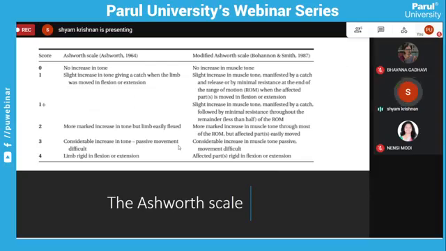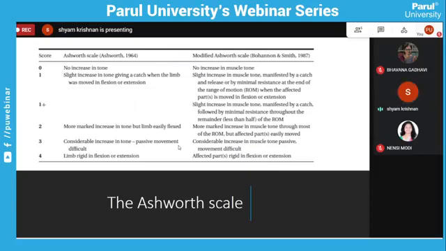It essentially depends a lot on the skills of the evaluator. It also depends upon the velocity at which you are moving the limb. Ashworth definitely hasn't told about the critical velocity at which you have to move the limb. If you're moving slower, obviously, since spasticity is a velocity dependent phenomenon, you're going to feel less resistance. I move at a slightly faster velocity, I'm going to find a greater resistance or a higher manifestation of spasticity.